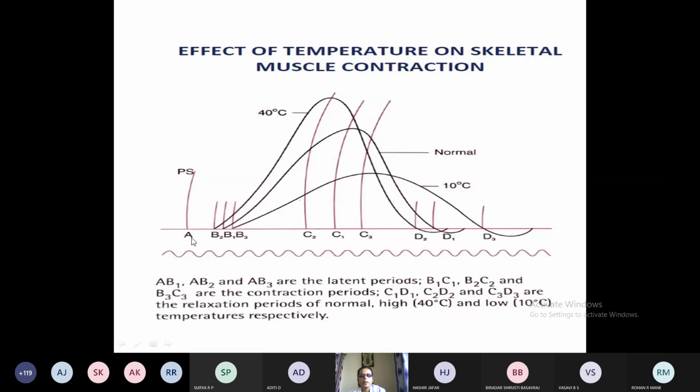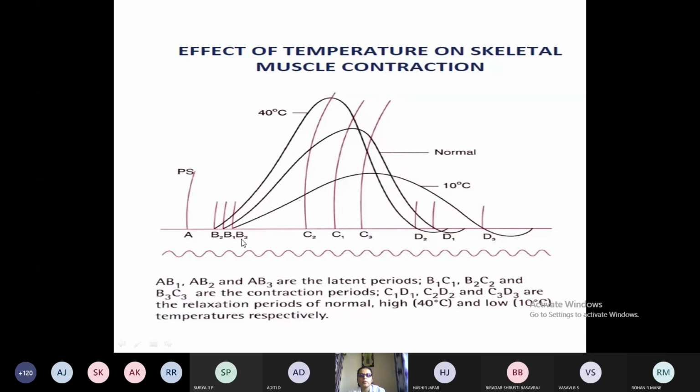Here again there is point A, which is nothing but the point of stimulus. You are giving the threshold stimulus, but here after the latent period, we can see points like B2, B1 and B3.